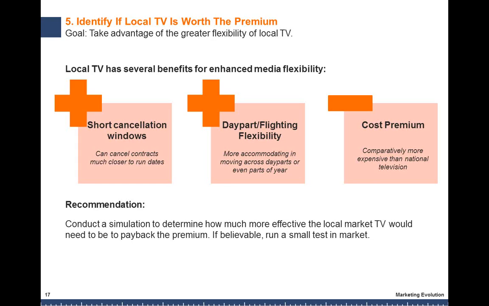And the key to thinking about that is not only how much more effective should it be, but essentially, is it going to be as effective as some of the more efficient media vehicles that we typically see? Because that is, of course, the key benefit of the local television, it provides that flexibility. So it's not just is it as effective as your average ROI? Is it as effective as some of your more successful ROI numbers across different day parts, targeted programs, et cetera?